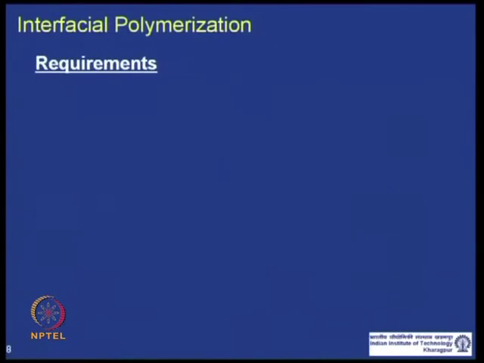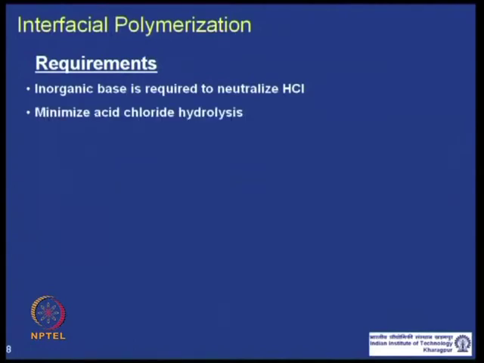Okay. So, what are the requirements for a successful interfacial polymerization? You need an inorganic base to neutralize the produced HCl, otherwise HCl will go back and hydrolyze the salt. In the polycarbonate example I showed you, sodium hydroxide was present to neutralize the HCl byproduct.